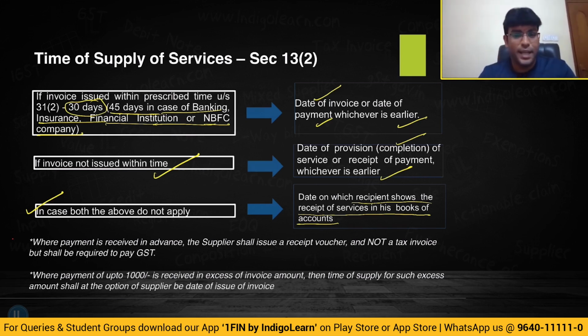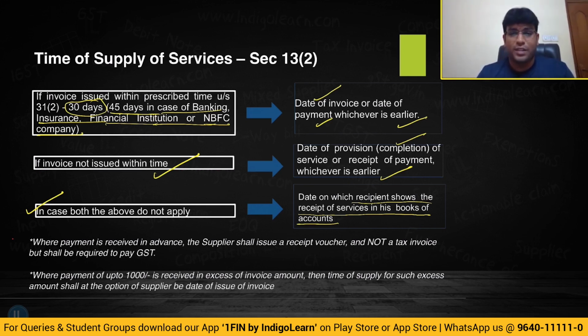Next. Where payment is received in advance, the supplier shall issue what document, sir? A receipt voucher and not a tax invoice, but shall be required to pay GST. Now a student will ask, sir, sometime back you told we will not pay GST on advances, and again you are telling to pay GST on advances.